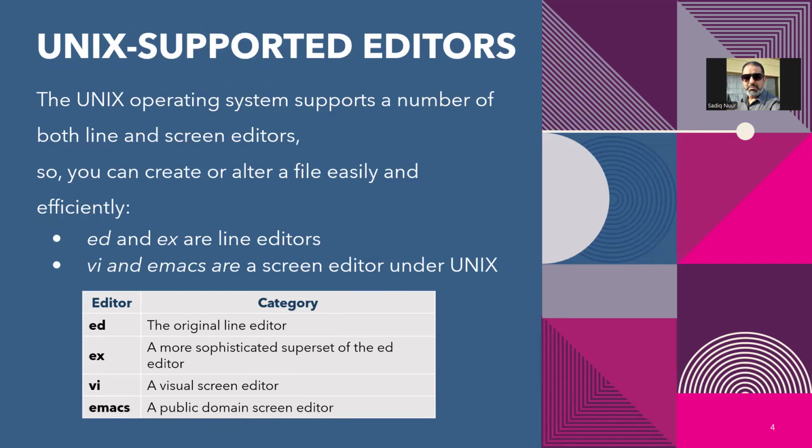ED is the original line editor. Then we have EX, which is a more sophisticated superset of the ED editor. Then we have VI, which is a visual screen editor, and Emacs is a public domain screen editor.